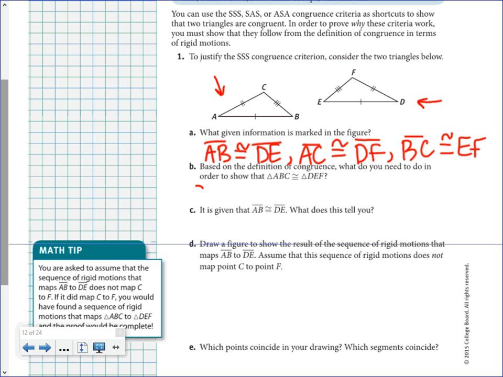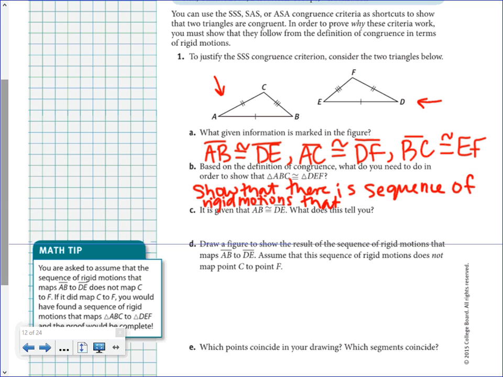So what we would need to show is that there is some sequence of rigid motions that would map triangle ABC onto triangle DEF.